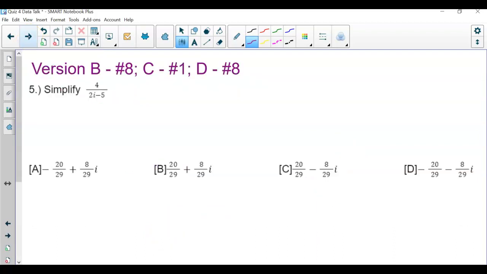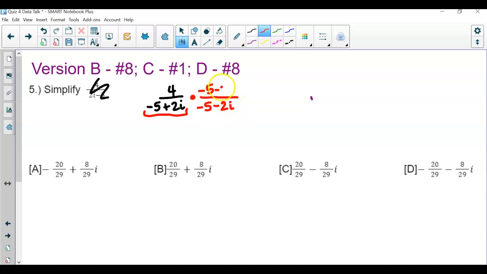Question number 5, dividing. But notice the denominator is not in standard form. So I'm going to rewrite this as 4 over negative 5 plus 2i. So I just rewrote it, so I'm going to cross it out. Now, remember, when we don't want to have i in our denominator, we multiply by its conjugate, which is negative 5, but now minus 2i.